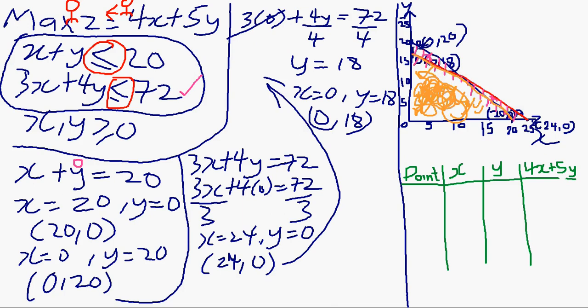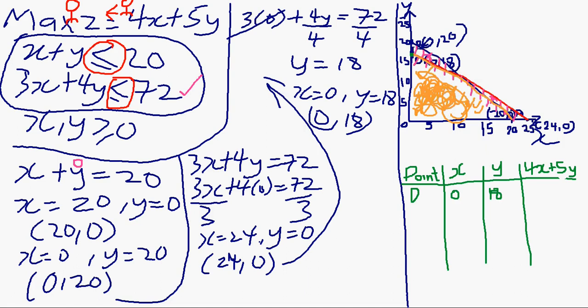All right. So now, this point D has a coordinate here because it is in the feasibility region. So point D: what was X? X was 0, and Y was 18 on point D. So 0, 18.